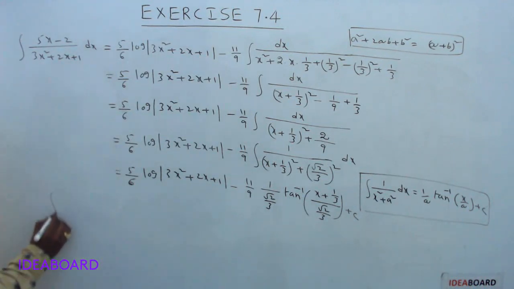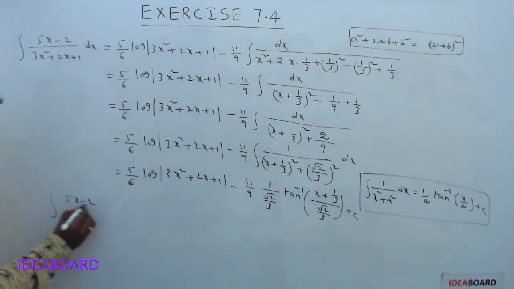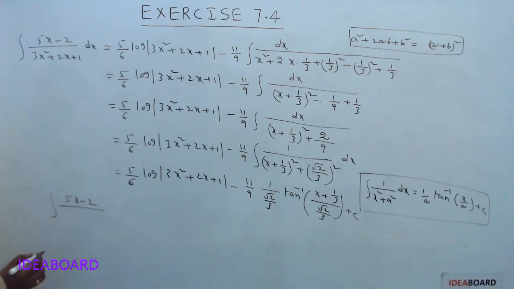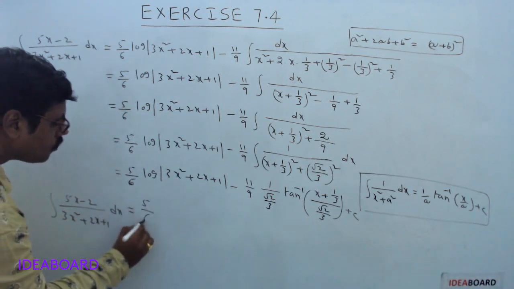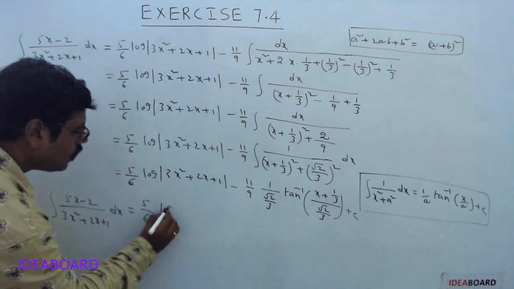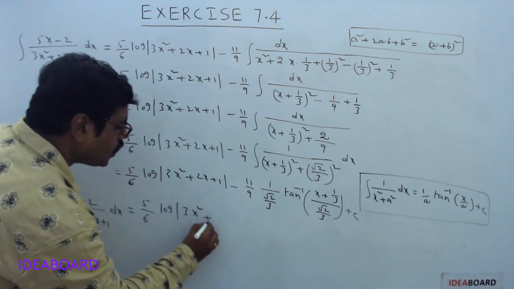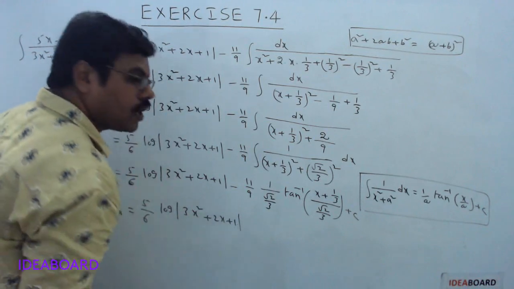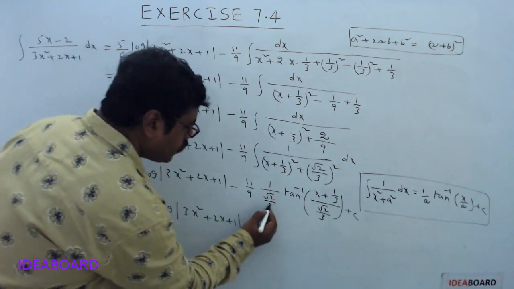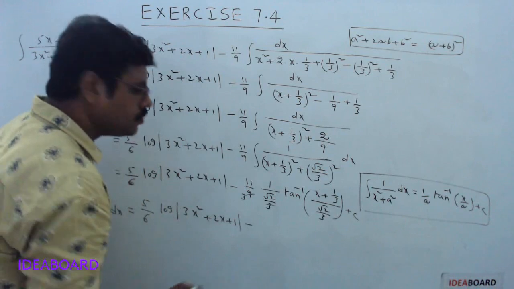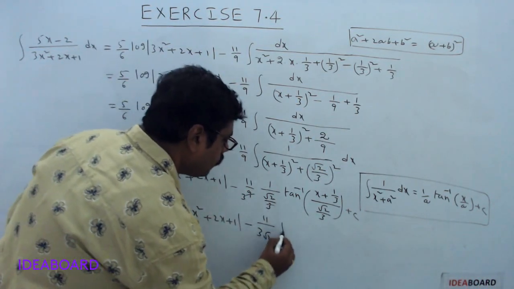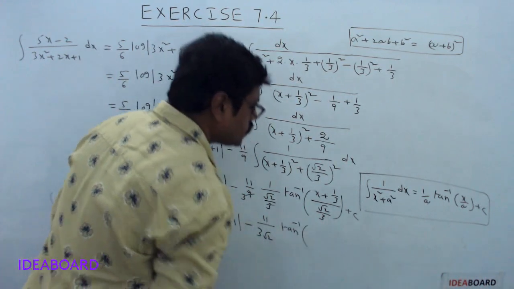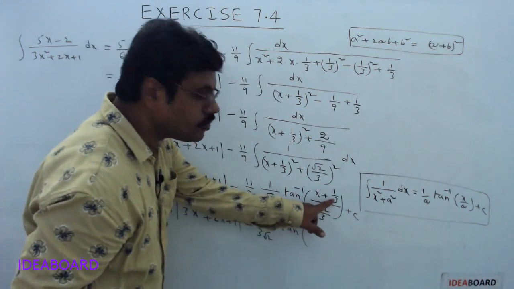So finally, integral 5x minus 2 divided by 3x square plus 2x plus 1 dx equals 5 divided by 6 into log mod 3x square plus 2x plus 1 minus, here 3 will be cancelled in 9 three times, it is 11 divided by 3 into root 2 into tan inverse of, here what is the LCM? 3.